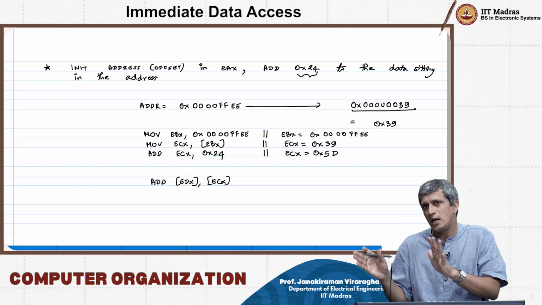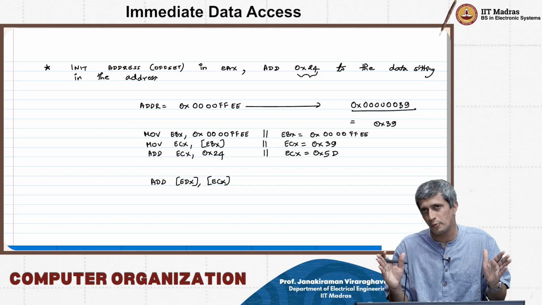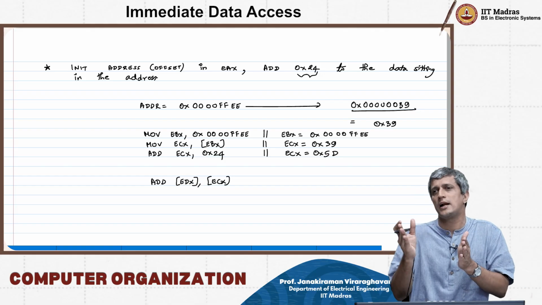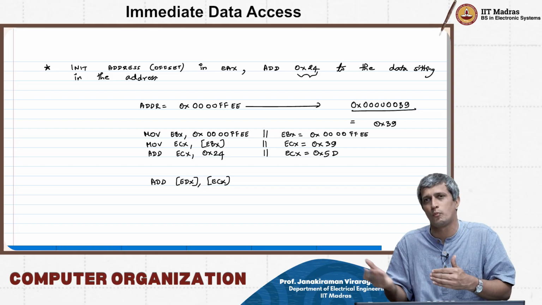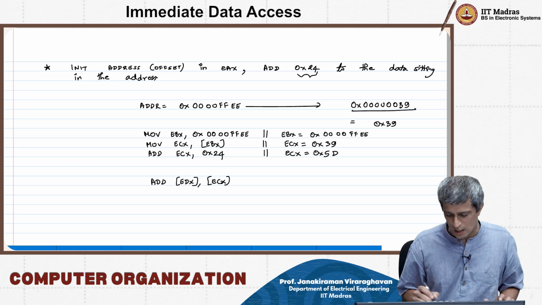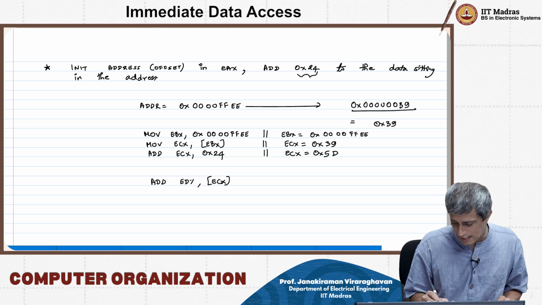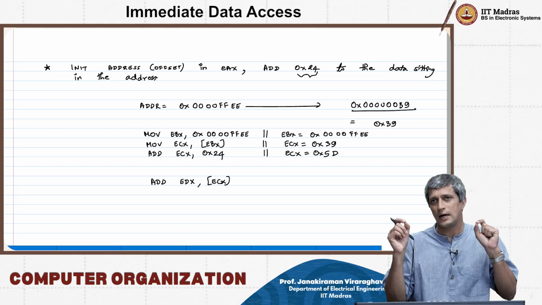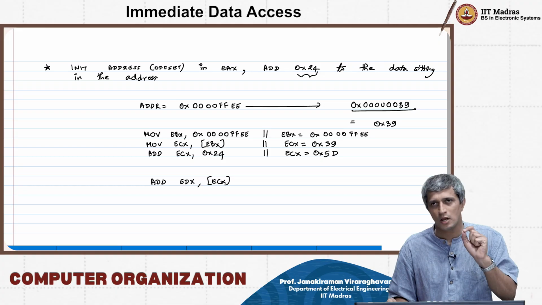We'll come to that a little later, but for now let's assume that we are dealing with simple single port memories where at a given time you give an address, you can get a data, you read it, you do something, and then put it back and stuff like that. So that's all it is. So that's why one of the operands necessarily has to be one of the general purpose registers that are sitting in your microprocessor.